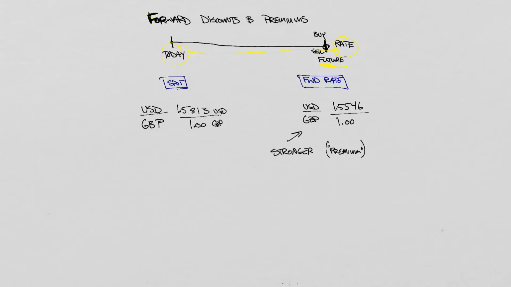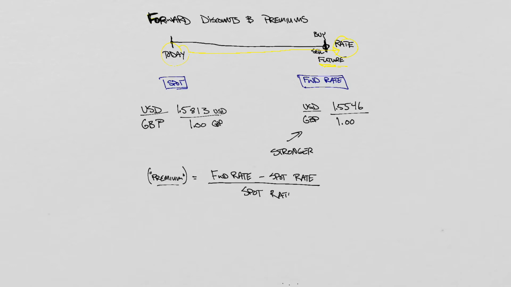But by how much? We can calculate how much this forward premium is by using the following formula. We take the forward rate and subtract out the spot rate and put this in percentage terms. So divide by the spot rate. This tells us our forward premium.